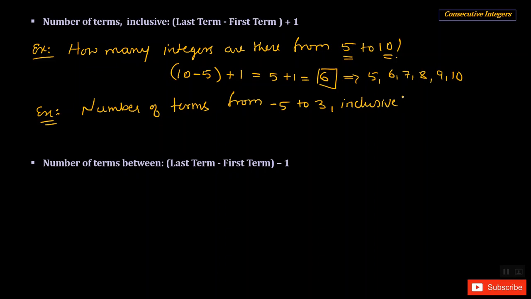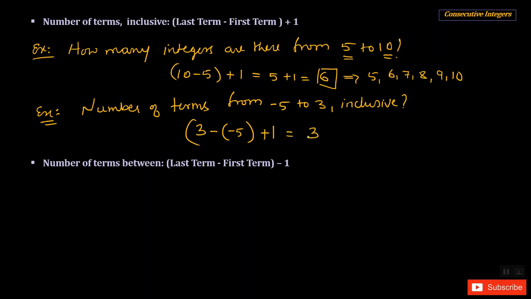So I'm saying how many terms are there from -5 to 3. No matter, as I told, whether numbers are positive or negative, we follow the same rule. Last term is 3 minus your first term, minus sign is as it is, okay, minus your first term is -5, plus 1, right?